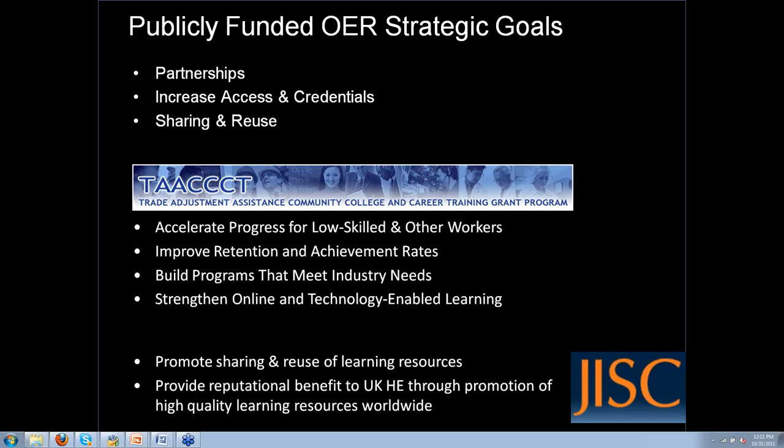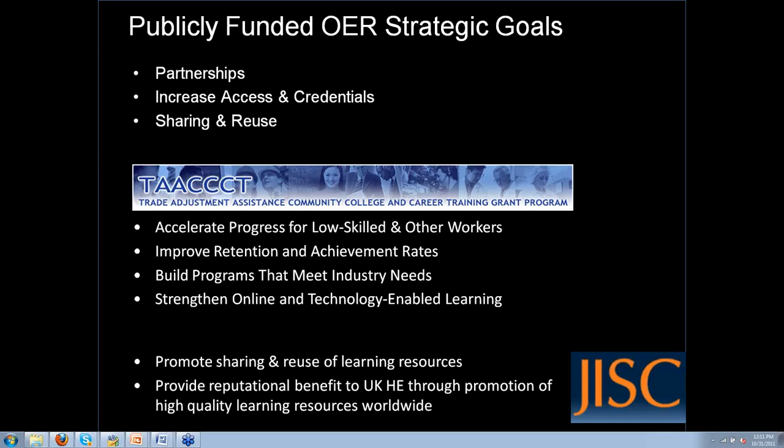And of course, we can compare those strategic goals, which are happening up in British Columbia, with what's happening here in the U.S., where the TAACCCT program is very specific in terms of what its goals are, which are primarily targeting low-skilled and other workers that have been impacted by trade agreements, and are looking to provide funds to higher education institutions to improve retention and achievement rates for those workers as they pursue programs that meet industry needs.